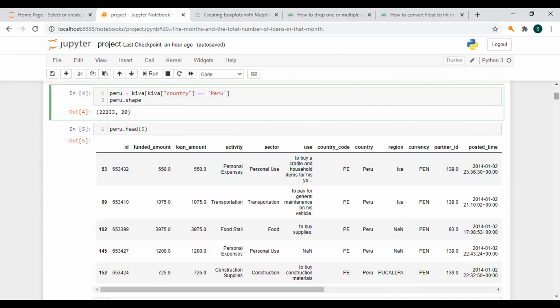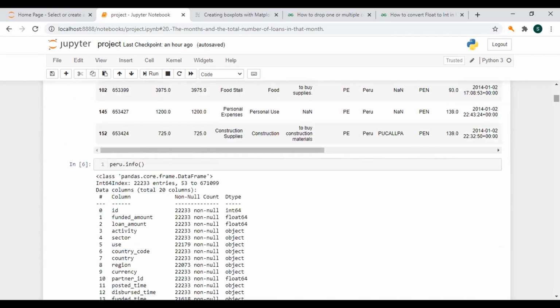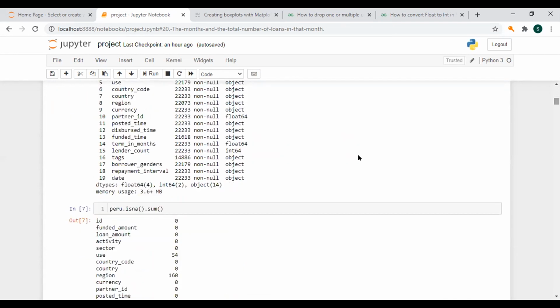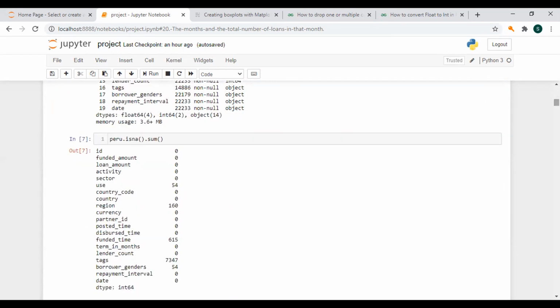That's how it was. Then the info, just to get to know more about the data. For the cleaning process, to get to know the columns which had missing values and the sum. So the region had around 160, you said 54 missing tags.